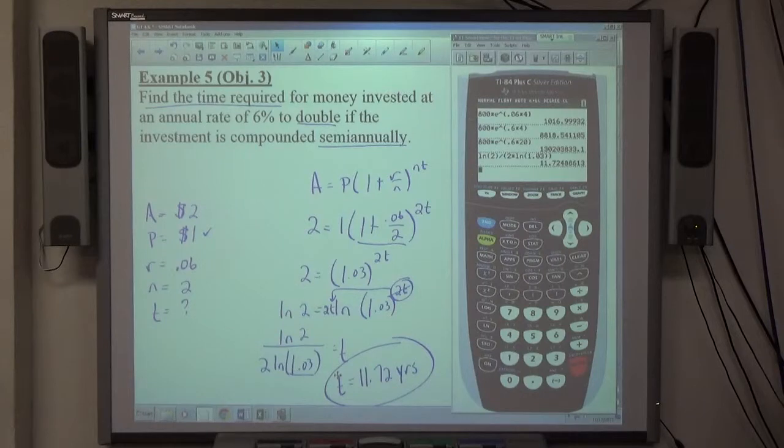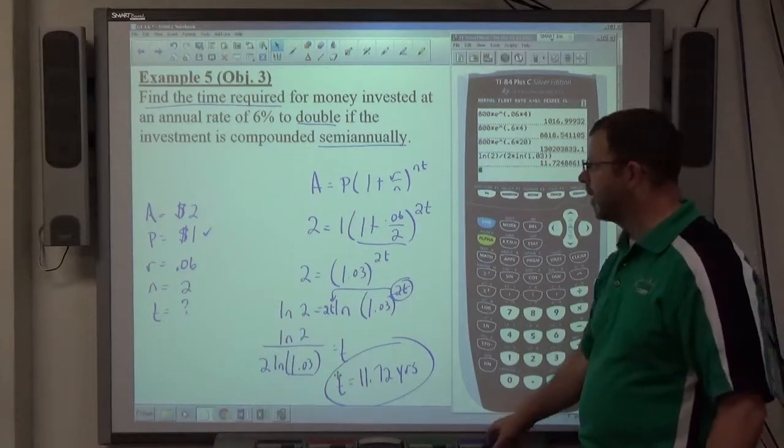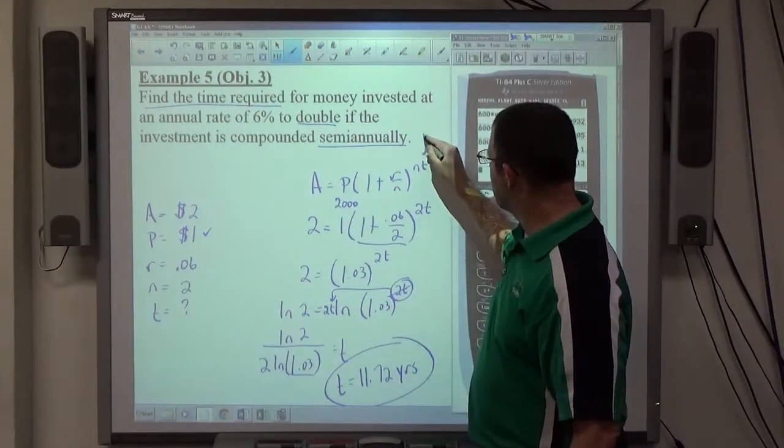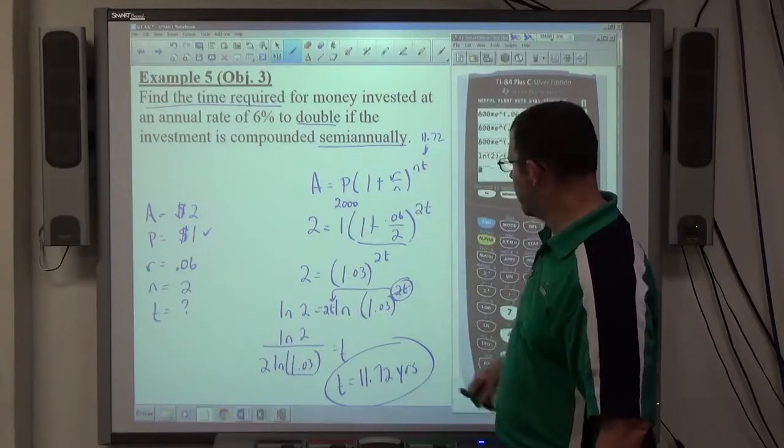Right. And again, that's all there is to it. If you wanted to test it out and make sure it was right, all you have to do is pick any principal. Let's say we put $20,000 in, right? Let t be 11.72 years with everything else being what it was.